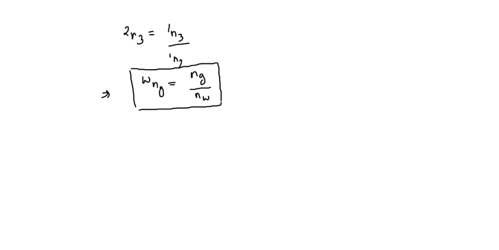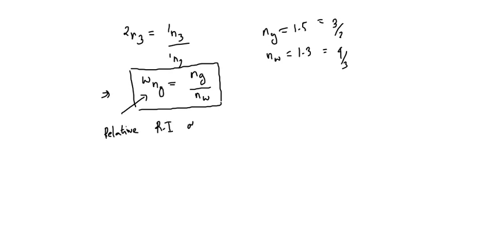Understand? We have seen earlier that if n glass is 1.5 and n water is 1.3, which we write as 3 by 2 and this one as 4 by 3. So what is now glass with respect to water? So this one will be read as glass with respect to water. Remember that this is read as relative refractive index of glass with respect to water.